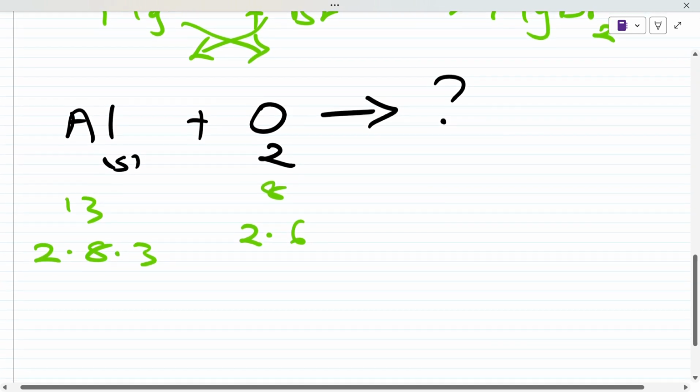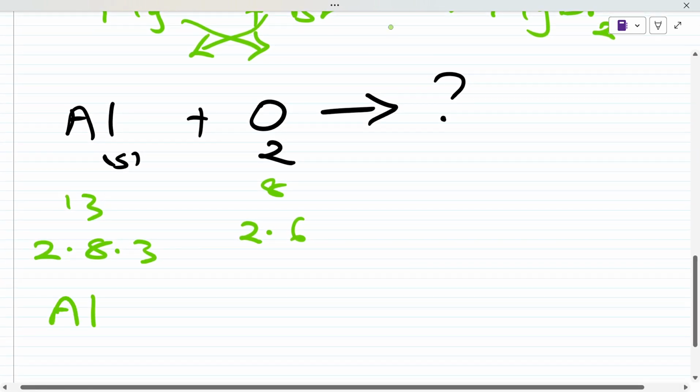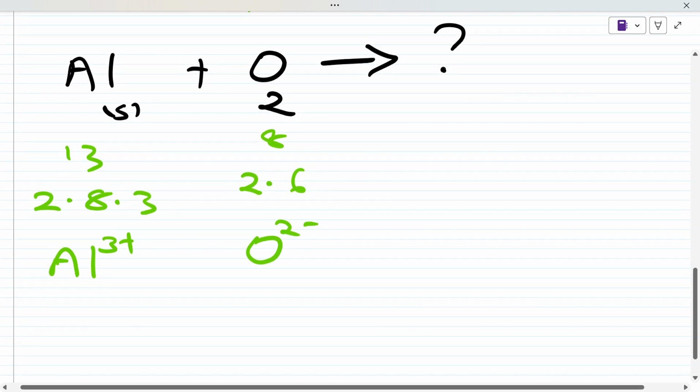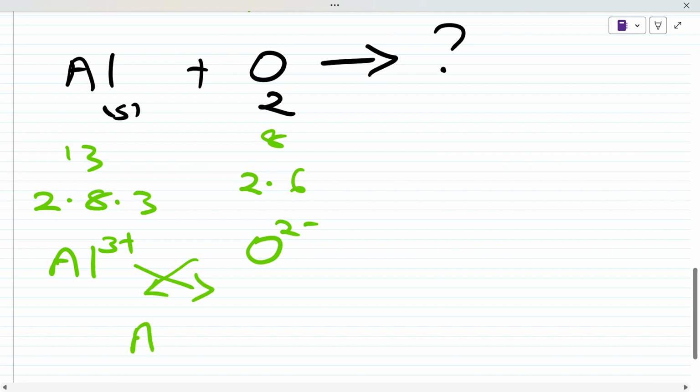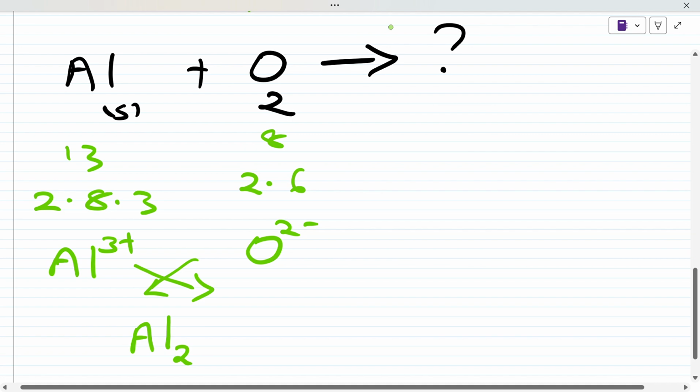Now, if I'm forming ions, I'll have Al3 positive because it needs to release 3, and oxygen will be O2 minus. So when these two elements interchange their valencies, I'm going to have Al2O3. I'm leaving it at that stage because they are not cancelling out.